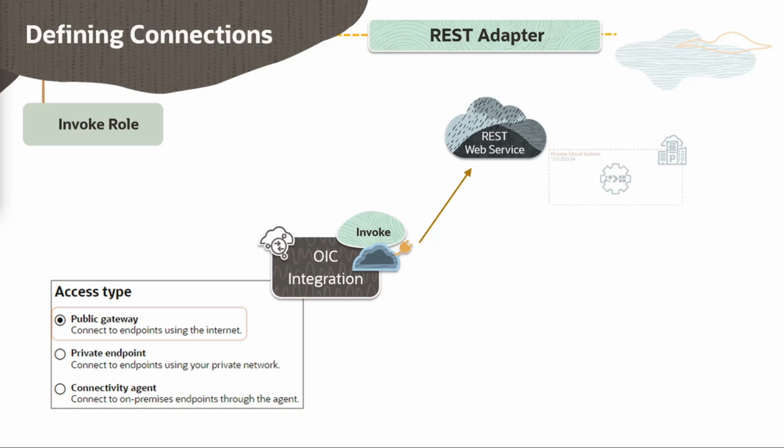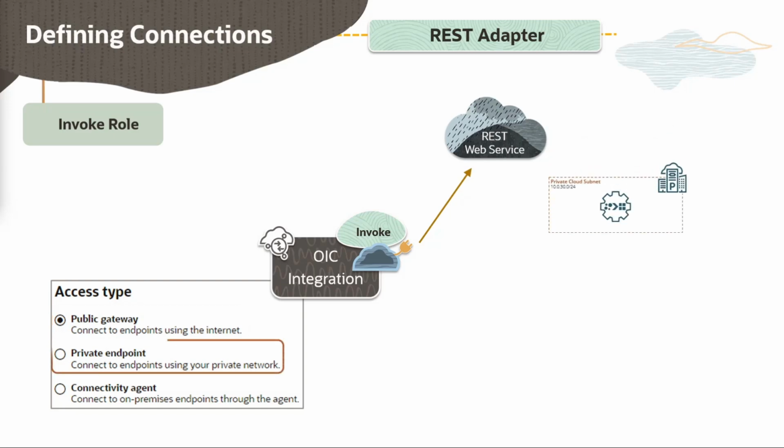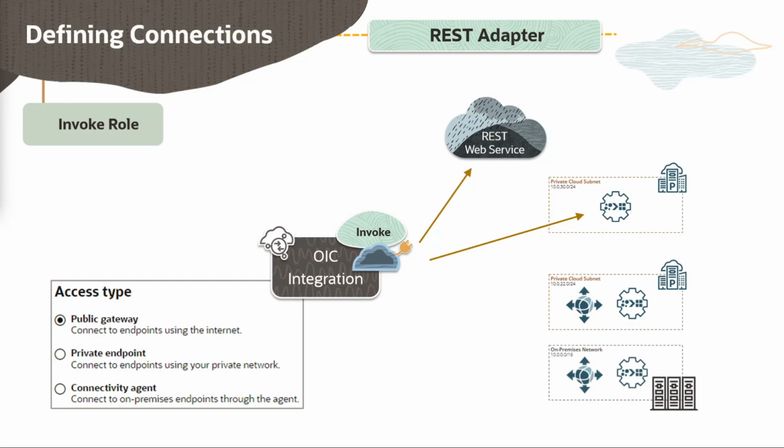However, if the service is running in a private cloud network, you can connect directly, but again, only if your OIC service administrator has set that location as a private endpoint for your OIC instance. Otherwise, the only other way to access a private service, either in the cloud or on premises, is via an installed connectivity agent. In this case, you'd select that option, then indicate which agent group will be used.